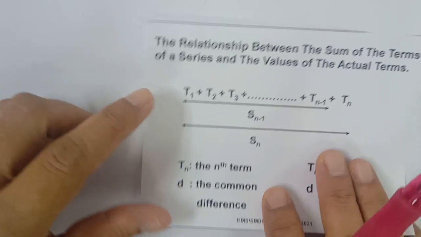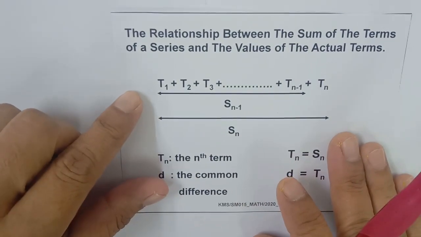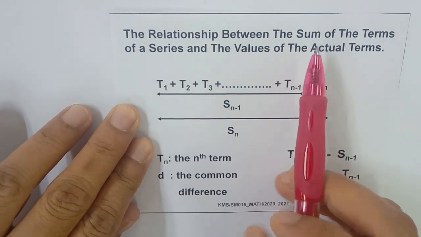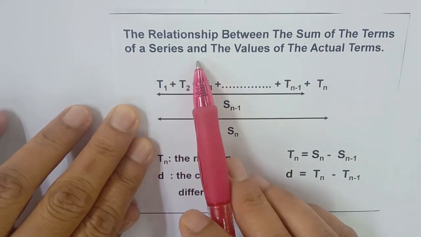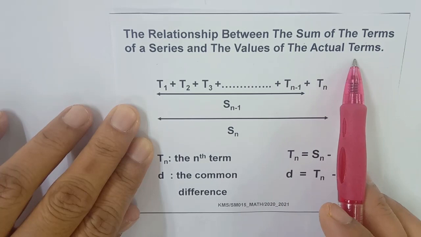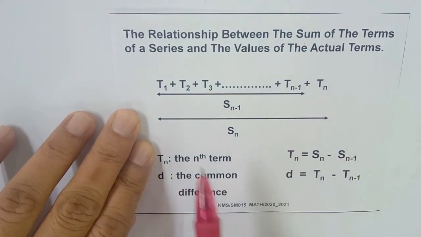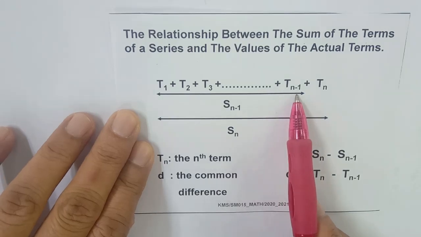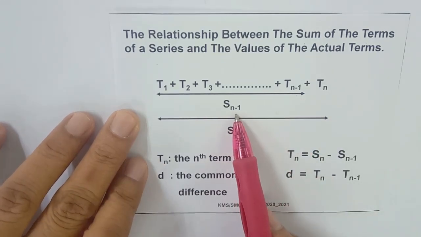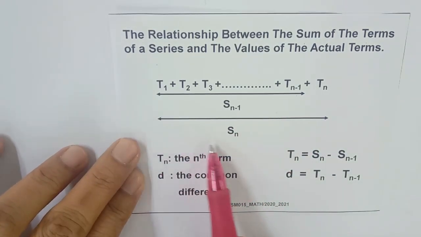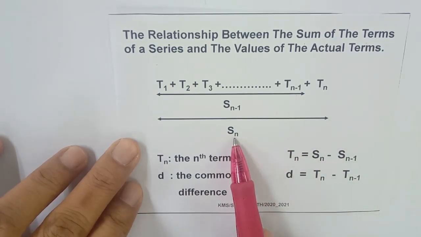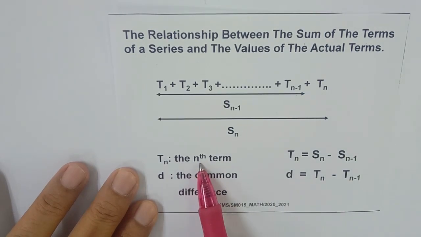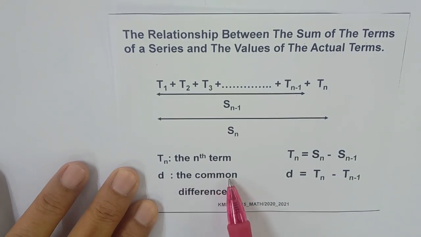Next, we go to the relationship between the sum of the terms of a series and the value of the actual terms. The summation of the first n minus 1 terms is denoted by Sn minus 1, and the summation of the first n terms is denoted by Sn, where Tn is the nth term and d is the common difference.